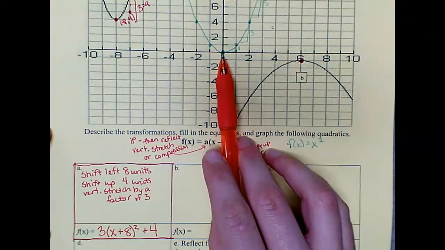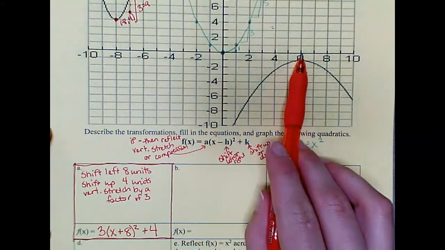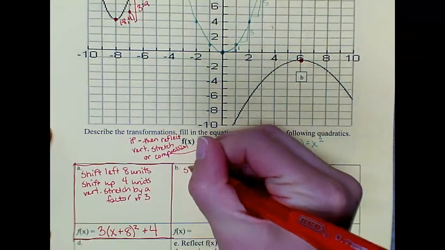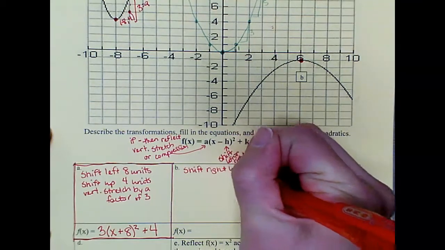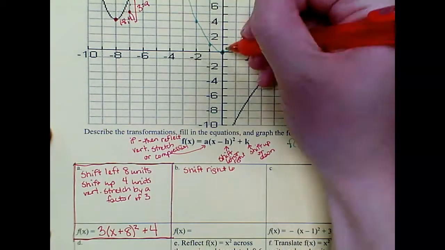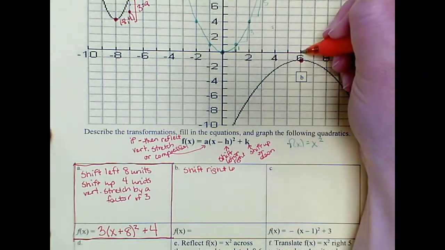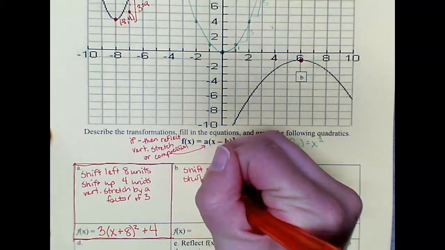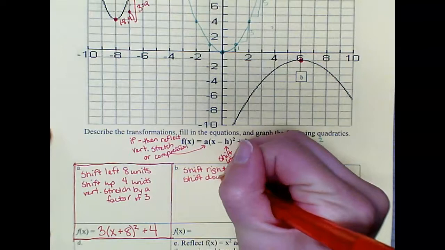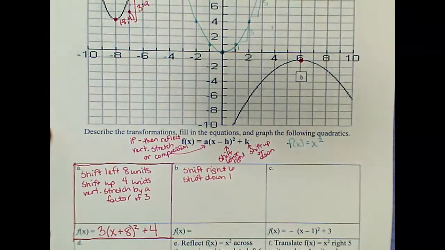You move to the right 6, you shift down 1, and then do we have any reflection happening?